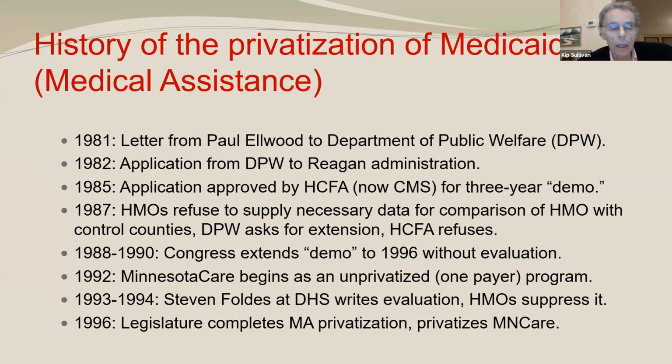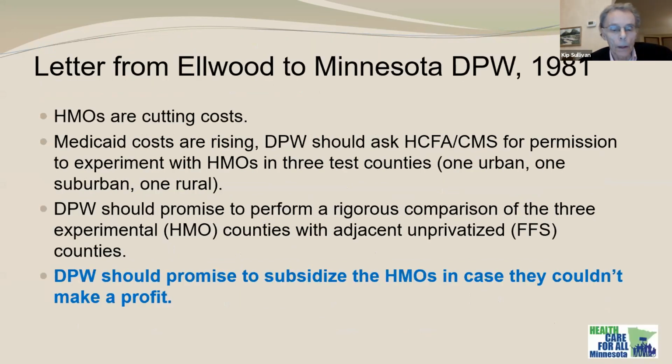In late 1981, Ellwood learned that the Reagan administration was going to invite states to participate in a demonstration to see if HMOs could cut Medicaid costs. On November 13, 1981, Ellwood sent a 21-page proposal to the Department of Public Welfare. That's the predecessor to what is now the Department of Human Services, the agency that runs Medicaid.